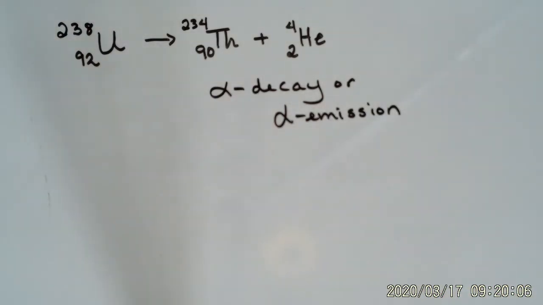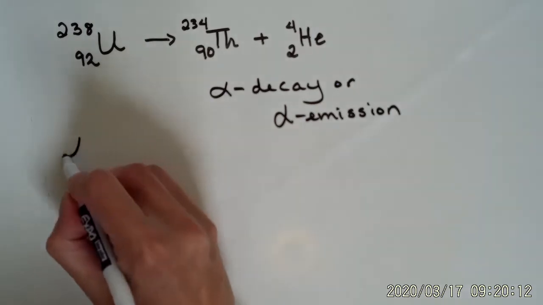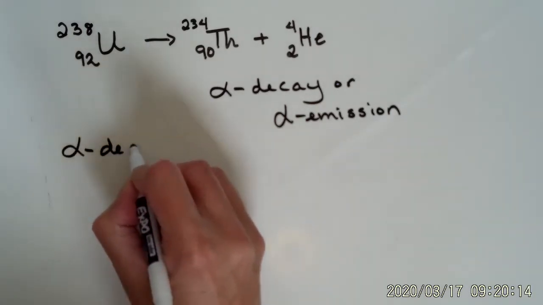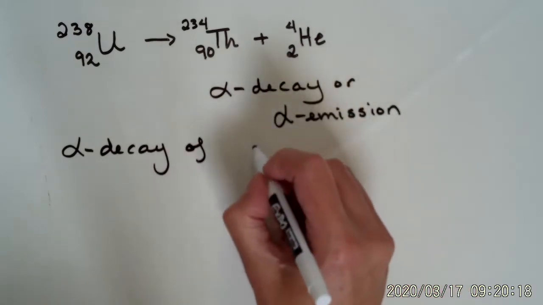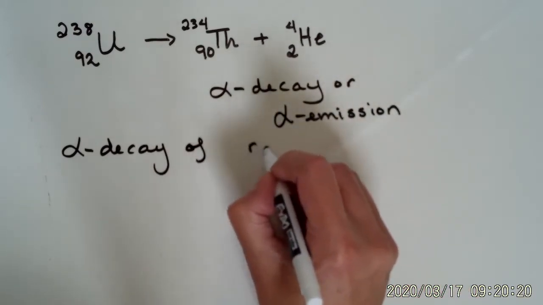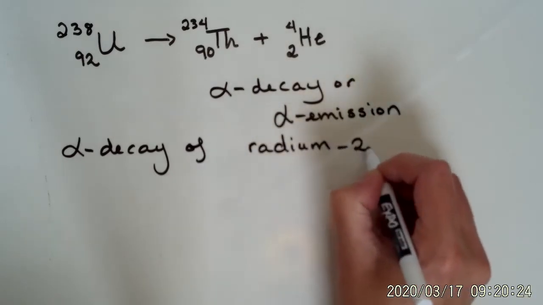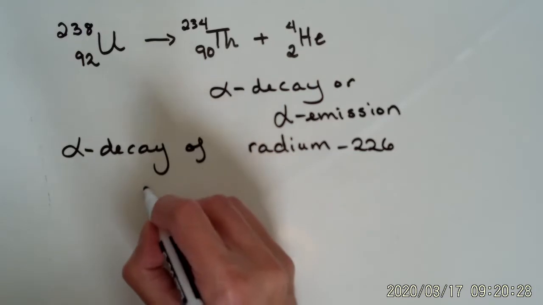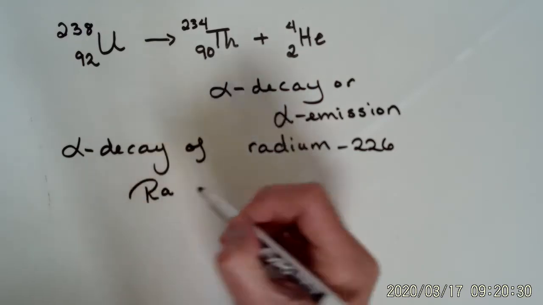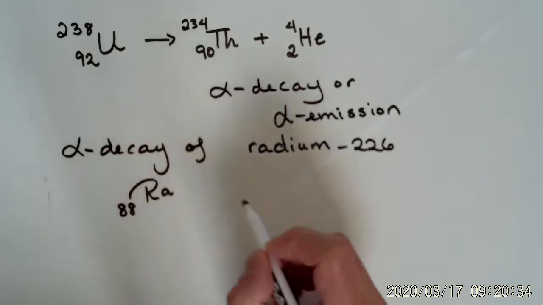What happens if we have an alpha decay of, let's say, radium-226? So the way we write that down, we have radium, and we look and we say, oh, there are 88 protons in the radium.